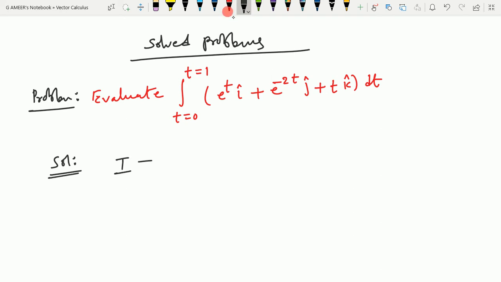I said already, when this type of integration is there, you do the x component separately, y component separately, z component separately.